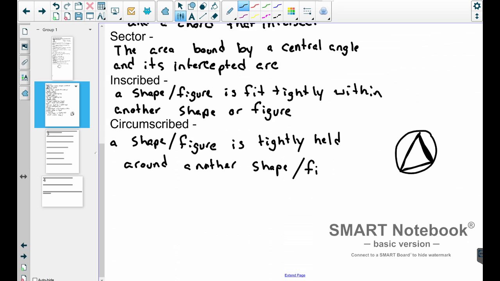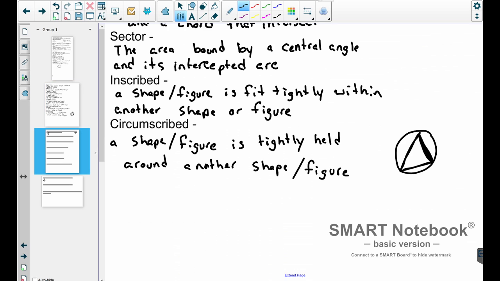So in this case, this picture we drew out to the side, we would say that that circle circumscribes, or is circumscribed to, the triangle, and that triangle is inscribed, or is inscribed by the circle. So triangle, inscribed; circle, circumscribed.